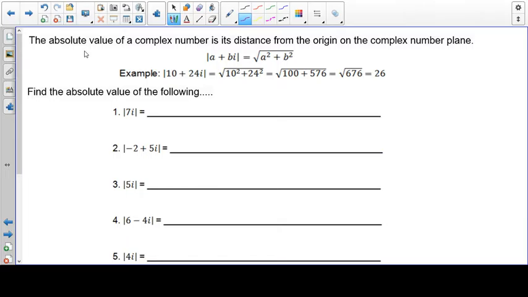This is the distance from the origin or my center to wherever this point could be. So when I do that, whatever my a value is, I take that number, square it, and add it to my b number squared. So in this case, I only have one number. So I have the square root of 7 squared, which my square root and my square cancel each other out. So my answer here is just 7.